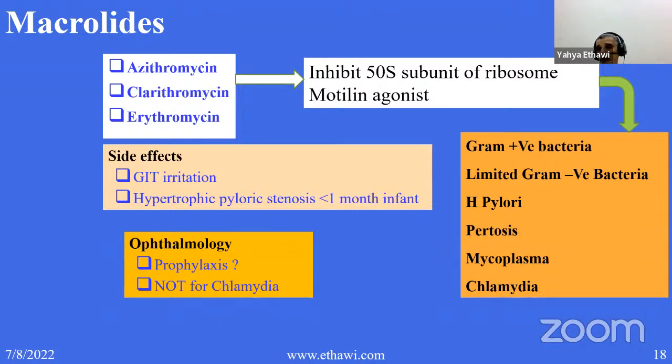So we used to give some chemicals such as silver nitrate drops, and then for any babies, we give erythromycin.